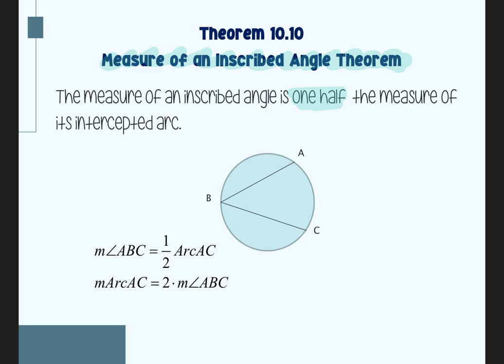As you get further from an arc, it's going to be smaller. So in this diagram, angle ABC is 1/2 arc AC. So if I have the arc and I want to get the angle, I cut it in half. If I'm going the other direction, if I have the angle and I want the arc, I'll double the angle.